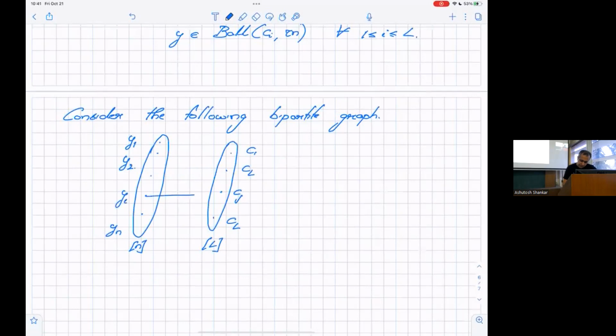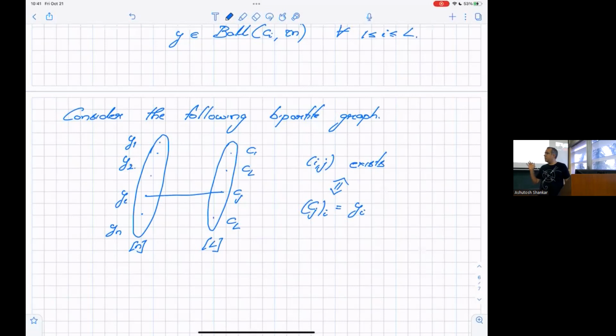So the edge ij exists if and only if the Cj's height coordinate is actually equal to y. So let's put edges. So that's the graph.